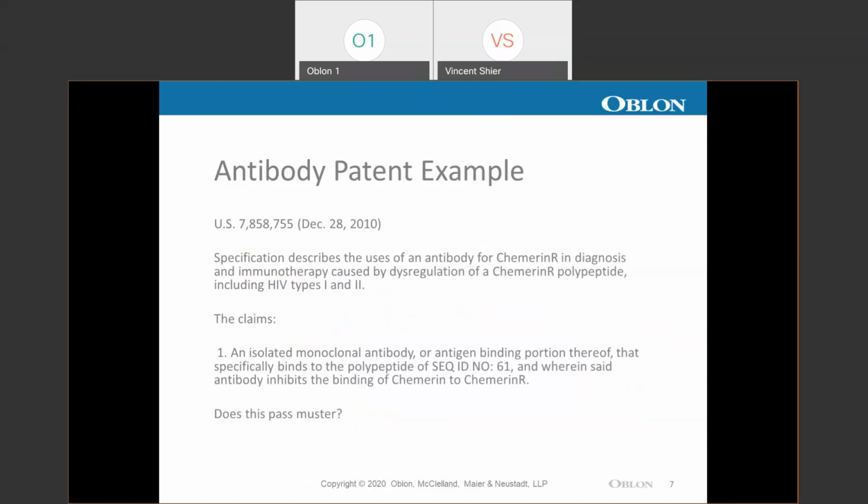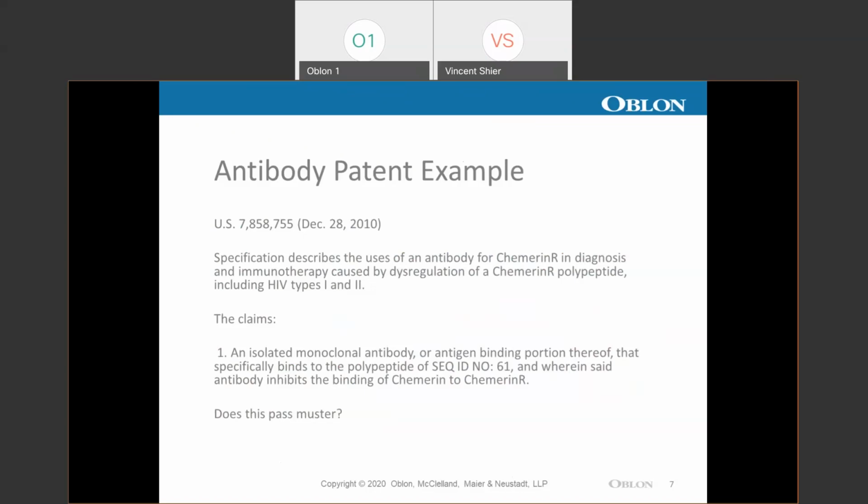So just to give an example of what an antibody claim would have looked like 10 years ago, which is very common, the specification just generally describes the use of the antibody. In this example that I have pulled, it is just the Shemeron R, which is useful for diagnosis and immunotherapy related to HIV 1 and 2.